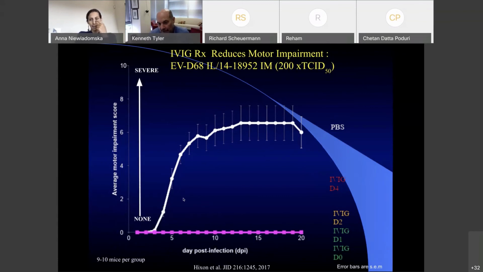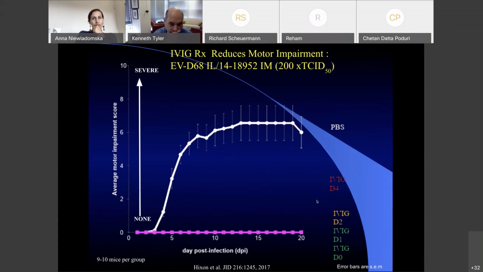And that pink line down there would be what would happen if you gave IVIG virtually at the same time as virus infection. And what you're not seeing there, between the pink line and the white line, is that as you delay the timing of administration, you got less and less of an effect, but you could still see a therapeutic effect even 4 days or more after delaying IVIG from viral challenge.